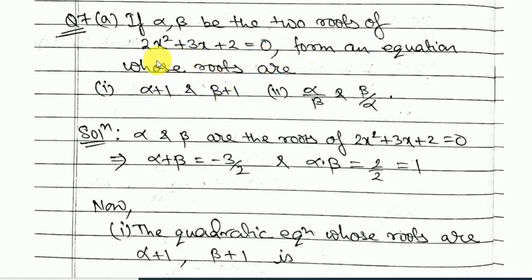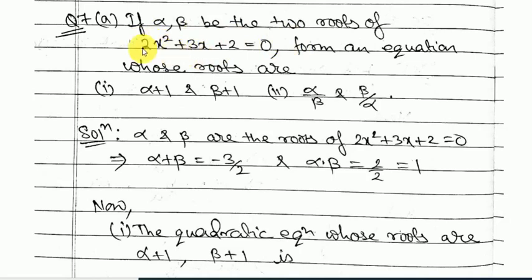Here one quadratic equation is given to us, and they are saying that alpha and beta are the roots of this. We don't know exactly what alpha and beta are. In fact, here you can find them, but there's no need to find alpha and beta. We will use the relations of sum and product.